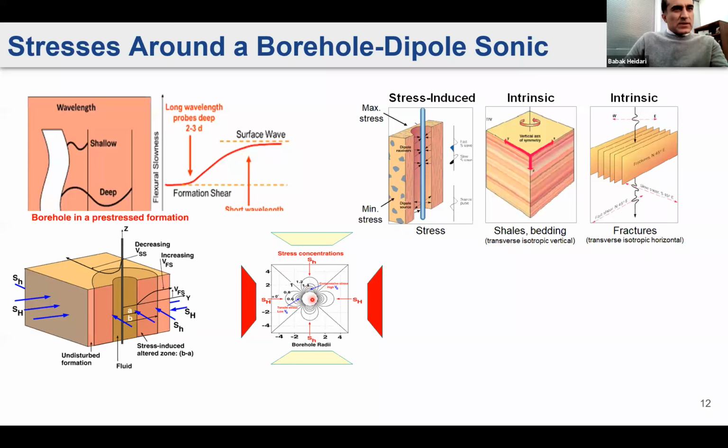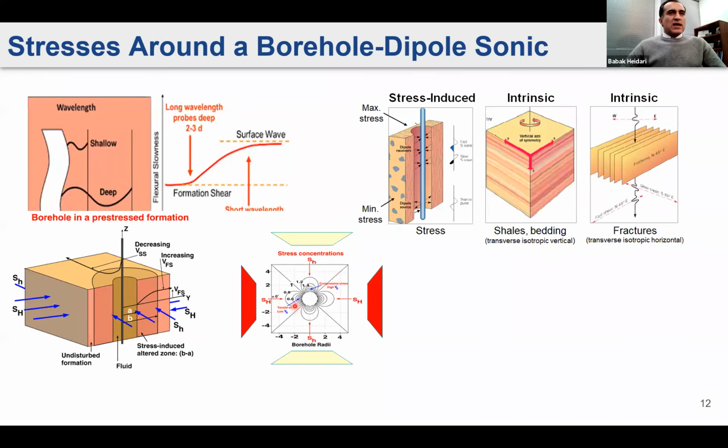Let's put the dipole sonic tool here and run the measurements. The fast shear is traveling in the direction where there is the maximum stress concentration around the borehole, which is in the direction of the minimum. As it gets far from the disturbed zone, it travels in the opposite direction, so it tries to rotate.